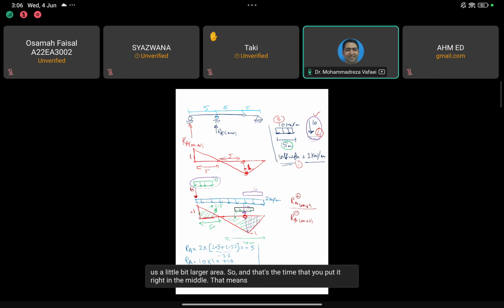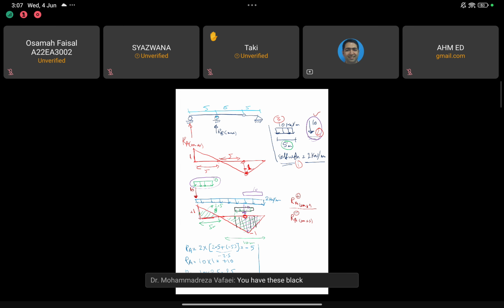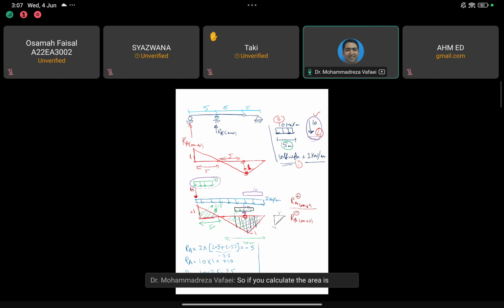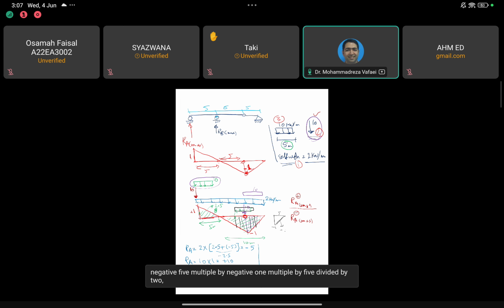That means 2.5 here, 2.5 here, and then you have this black area underneath. So you need to see which one is giving you the largest area. The triangle on the right side, this triangle: if you calculate the area, it is negative 5 multiplied by negative 1 multiplied by 5 divided by 2, which gives you negative 2.5.